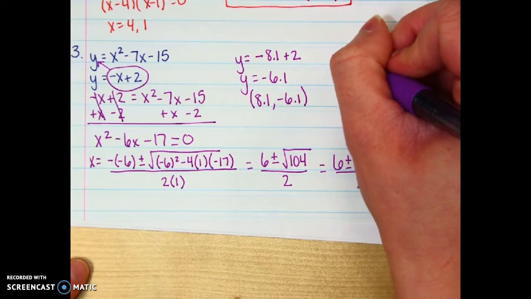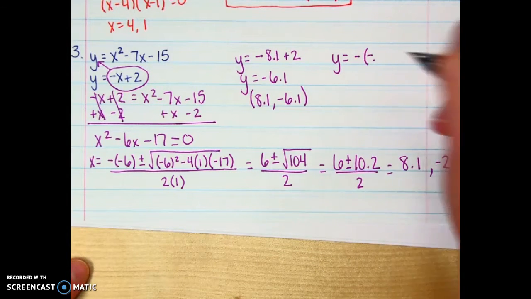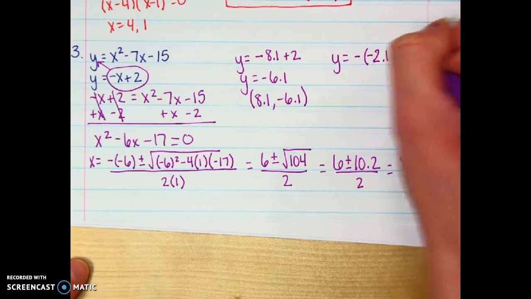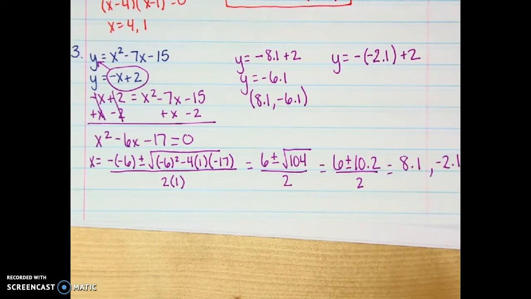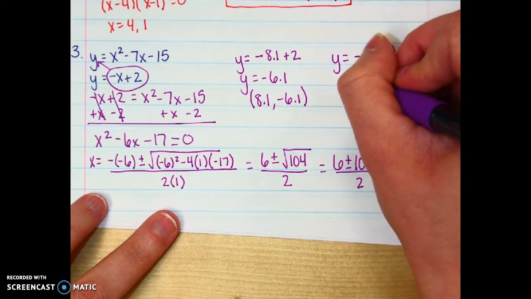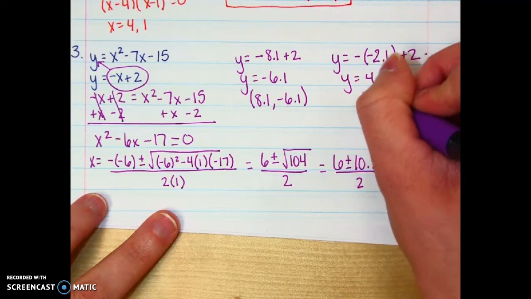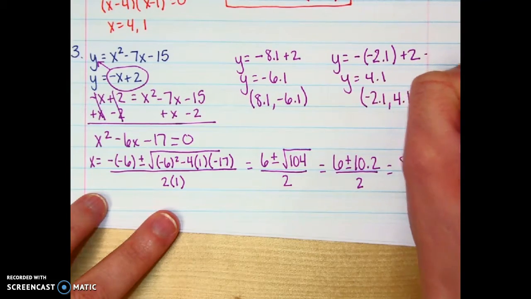For the next one, y equals negative negative 2.1 plus 2. Okay, so it's a negative negative. That makes it positive. So really it's 2.1 plus 2, which is 4.1. So my other point is negative 2.1, 4.1.